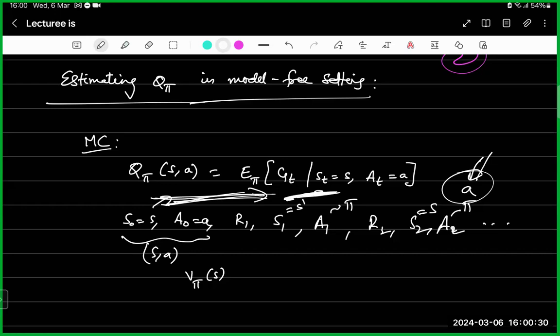You want q pi of s comma a for every s and a. Then only you know q pi. So you have to start with every possible s comma a multiple times. This is called exploratory start based Monte Carlo method, where you explore all possible s comma a pairs in the beginning. But if the state space and the action space is large, then it's not very practical.